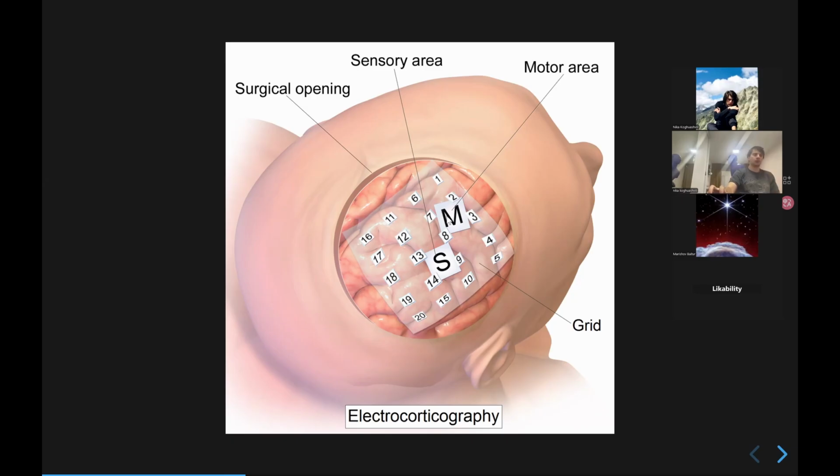Here, M is motor cortex, S is sensory cortex. Basically it means that roughly here is where we give out commands to move our body, and roughly here is where we feel touch across our body. So by putting a device across that, we can record it and potentially also stimulate it.